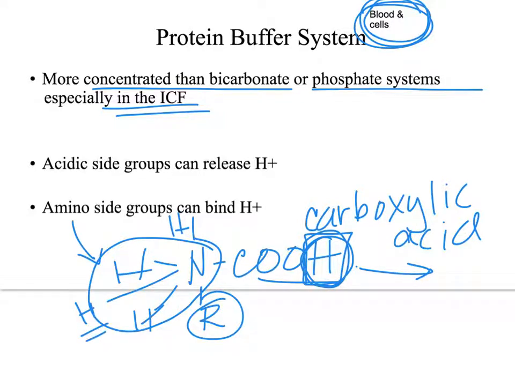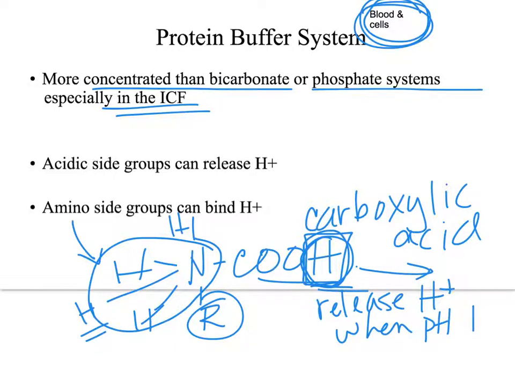They could be picking up hydrogen ions if they need to, or they could be releasing hydrogen ions as necessary to buffer. So this is going to release hydrogens when the pH increases, and then this will collect hydrogens when it goes the opposite. This is the big one. This is the most important chemical buffering system.